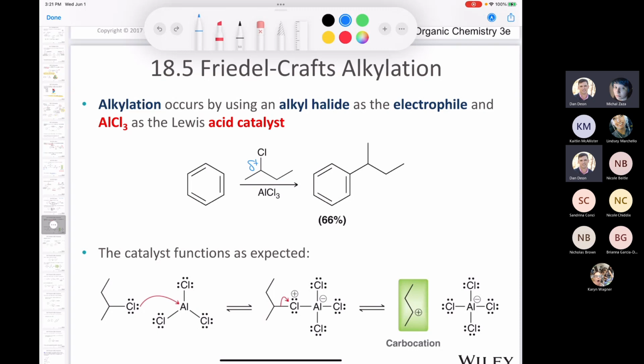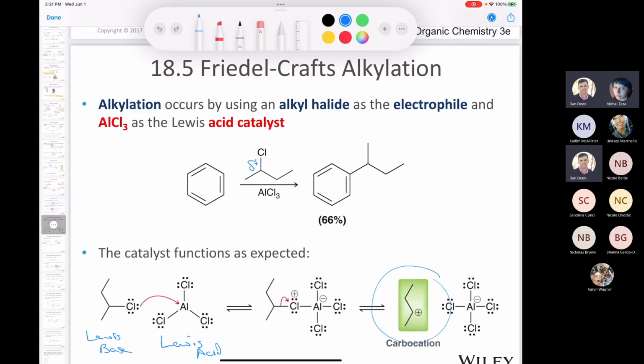And the catalyst, the aluminum chloride, functions as you would expect. It's a Lewis acid. And so our alkyl halide behaves as a Lewis base, an electron donor, and we end up making this complex, which undergoes a fragmentation to produce a carbocation.